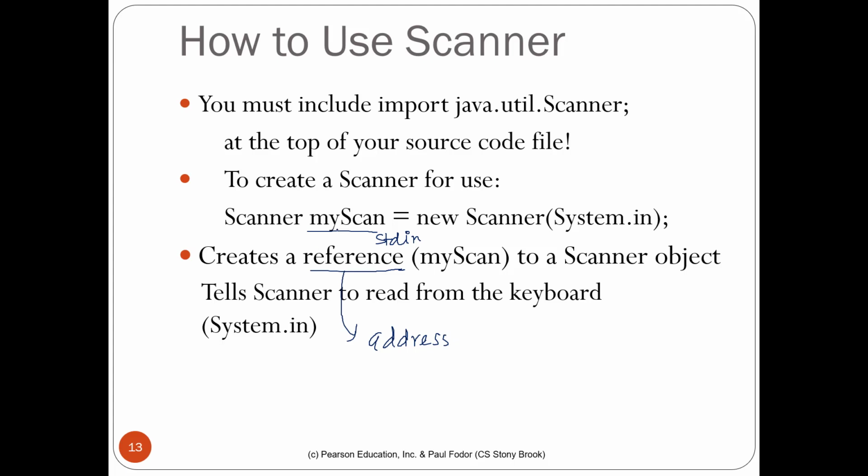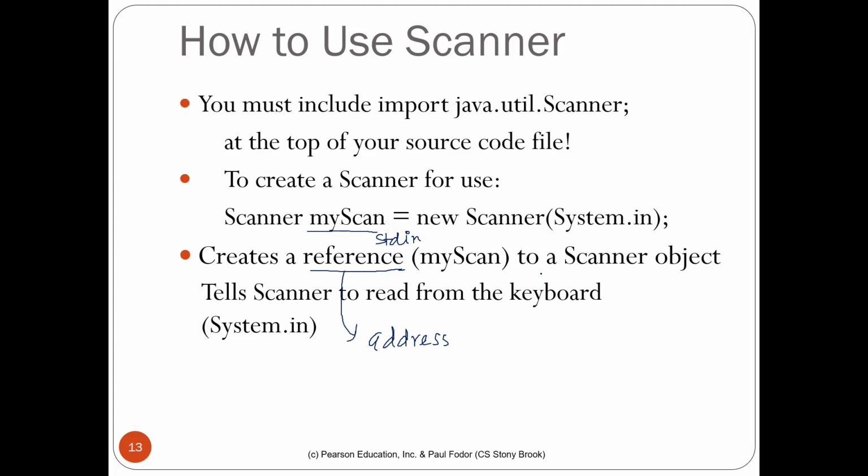So this thing that you have, myScan, is an example of a reference variable. Reference variables usually refer to some address rather than the actual value. Whenever you have a variable of a class type, like myScan is a variable of the Scanner class, its type would be reference. So reference means address.